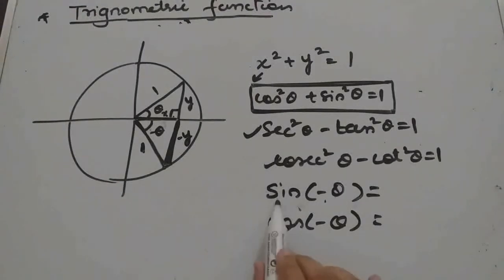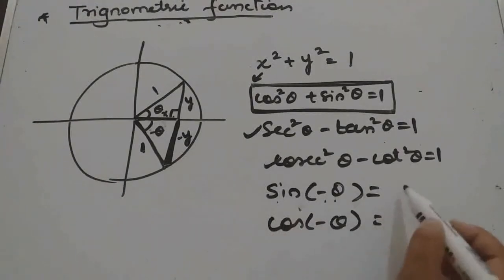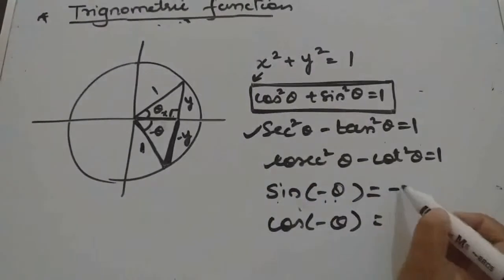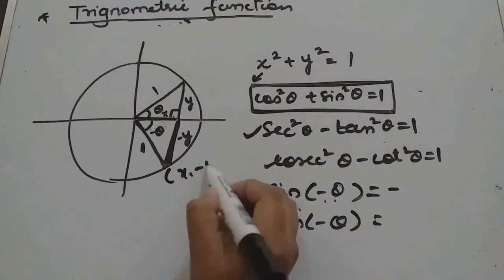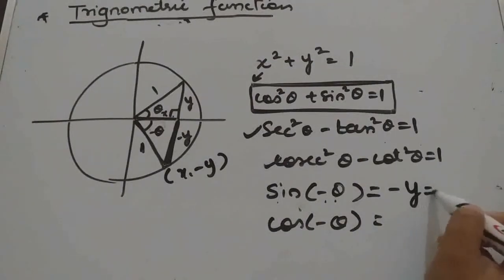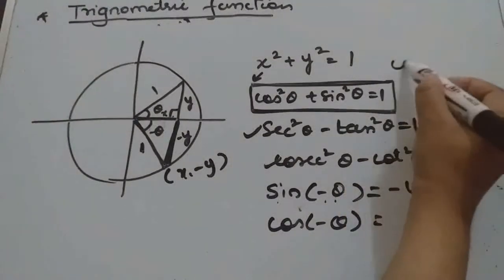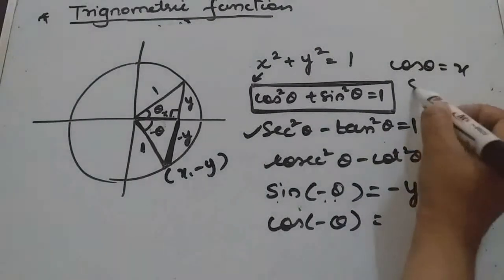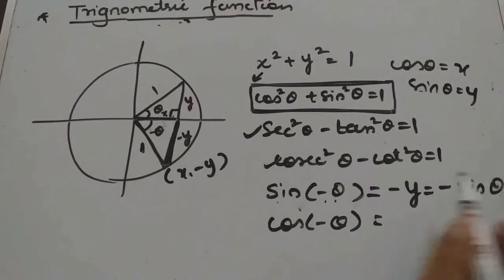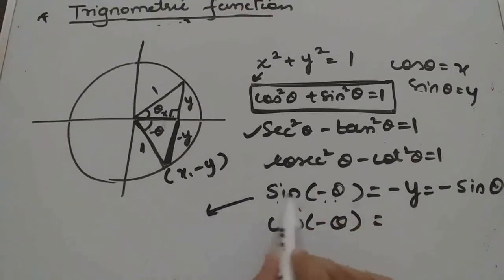So sin of minus theta, we know, is the y coordinate. The y coordinate is negative, so this point is (x, minus y). But we just saw that cos theta is x and sin theta is y. So y is minus sin theta. So we got this formula: sin of minus theta is minus sin theta.